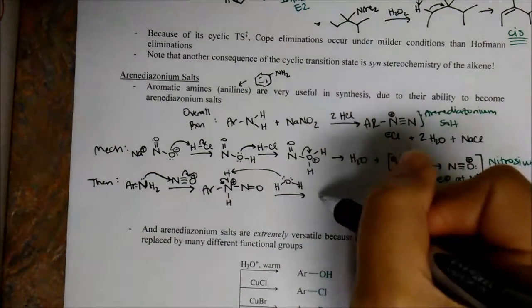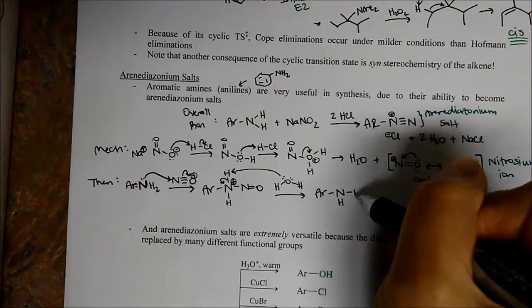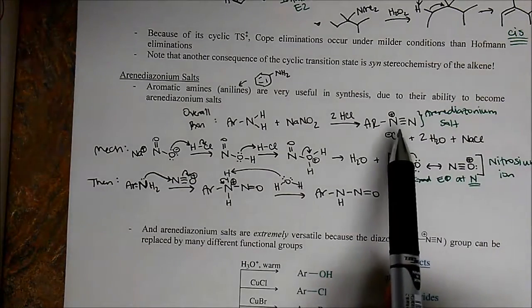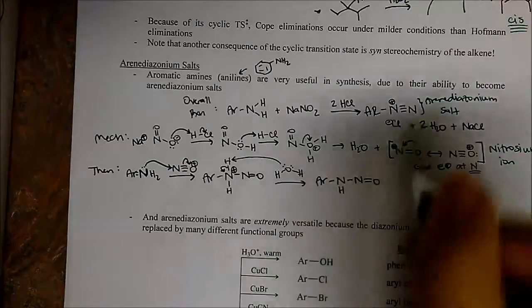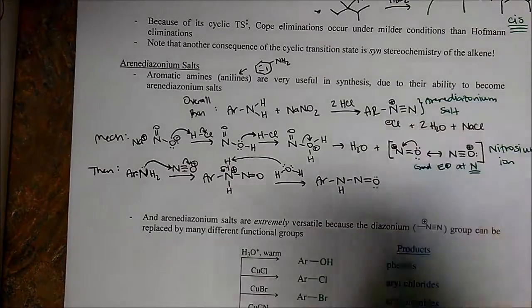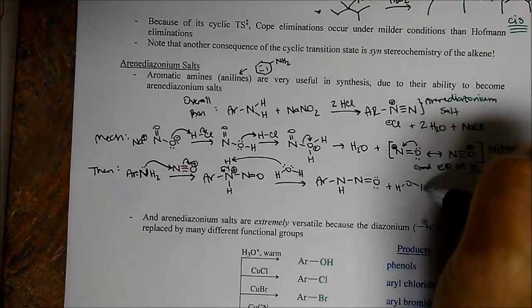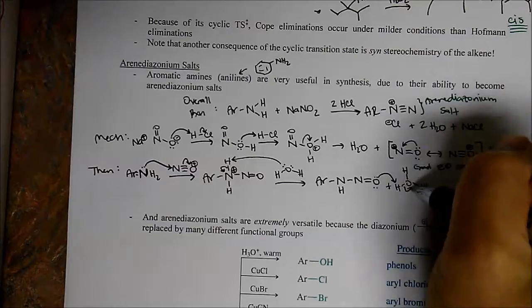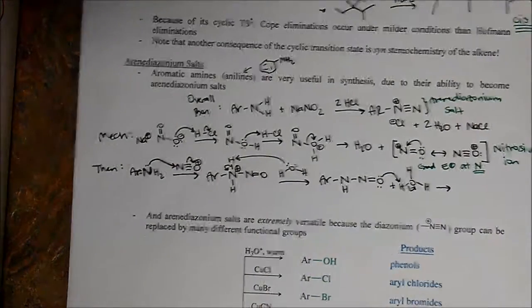It's actually a few more steps, not quite as intuitive as we might have thought. But now all we have to do, if you look at the product versus where we're at, is lose this oxygen. So just like we did before, we're going to make it a good leaving group. We just made some H3O plus, protonating water, so we're going to go protonate our oxygen now. Whew, here we go.